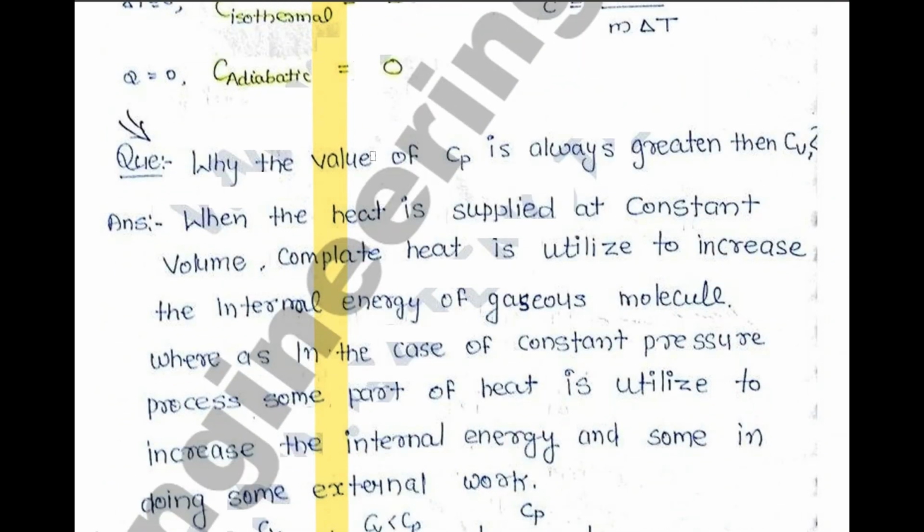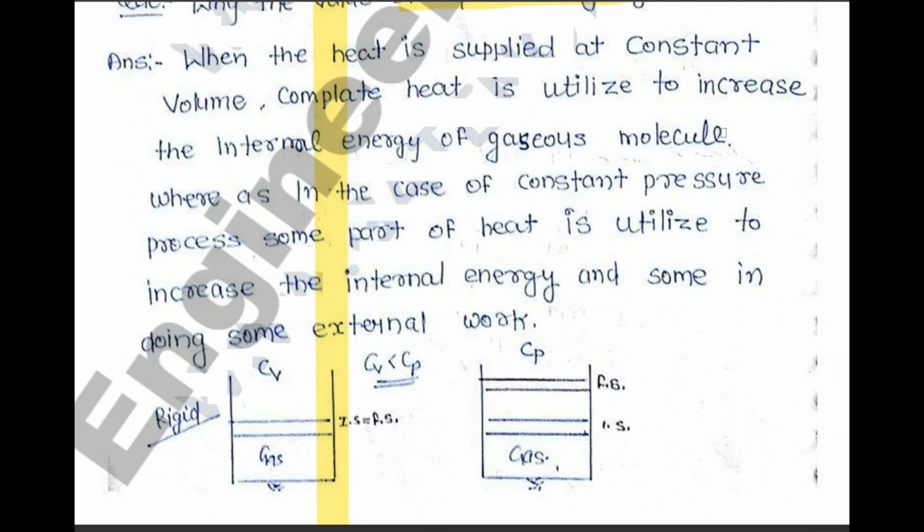And yeah, so here comes a question: why is Cp always greater than Cv? You can think of it by using the first law of thermodynamics. Although we have not discussed it, I will discuss it later.